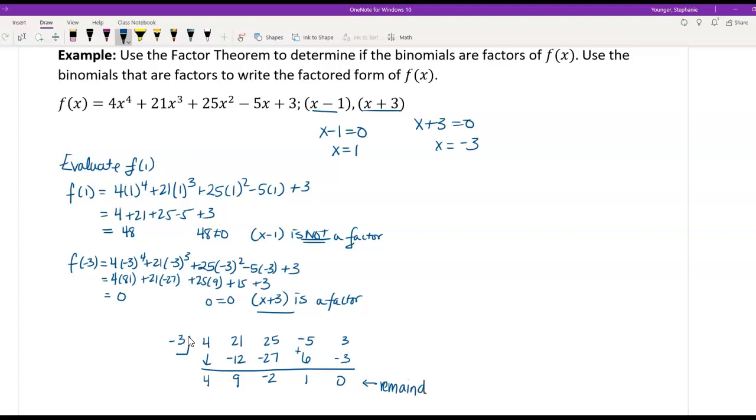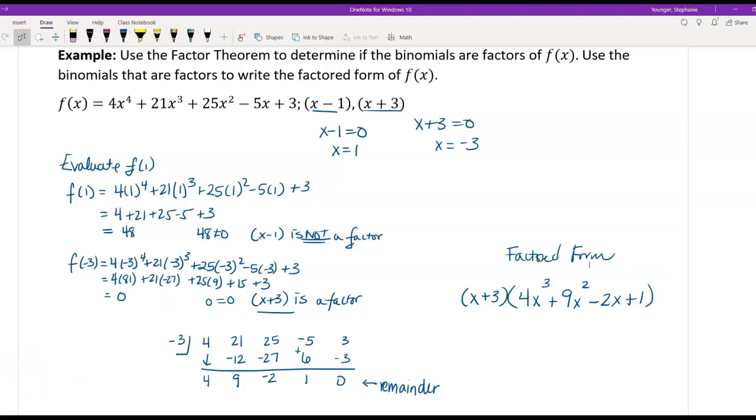So it asked for that factored form. So our factored form becomes x plus 3, which was our first factor, times 4x cubed plus 9x squared minus 2x plus 1, where these were the coefficients pulled from that synthetic division. So that was our factored form.